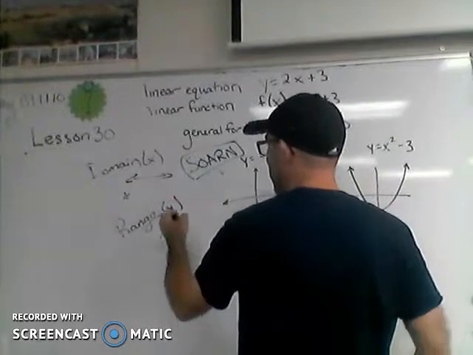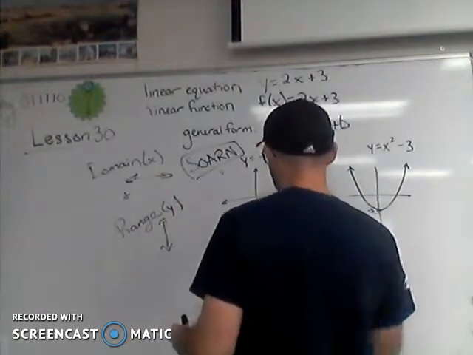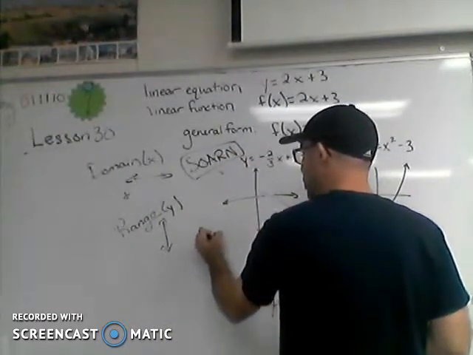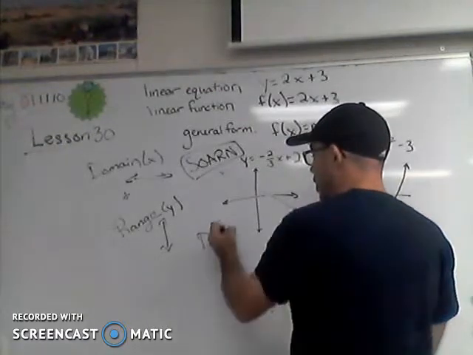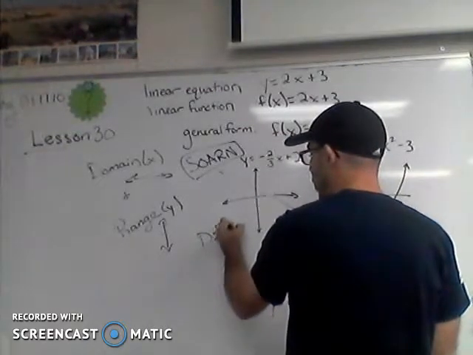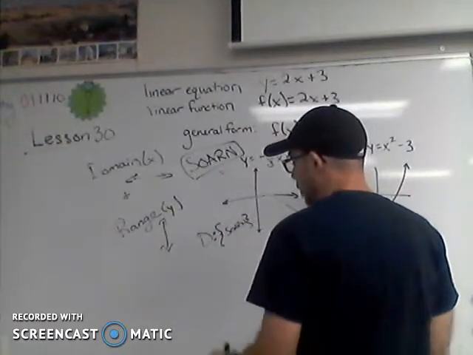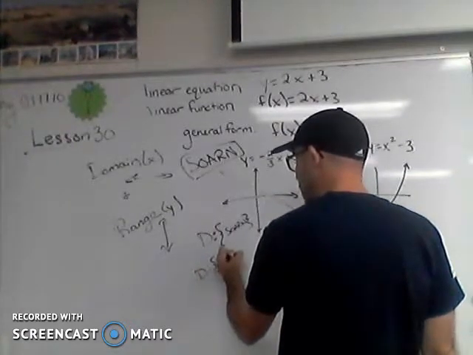But the way that we typically write it, at least for the domain, is I'm going to put D for domain, put a colon, and then you can put some braces there and put the set of all real numbers. That's one way to do it. Another way to do it would be to talk about it in terms of x.